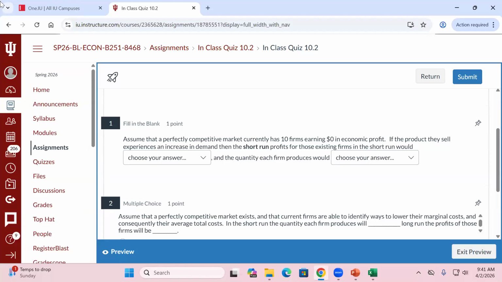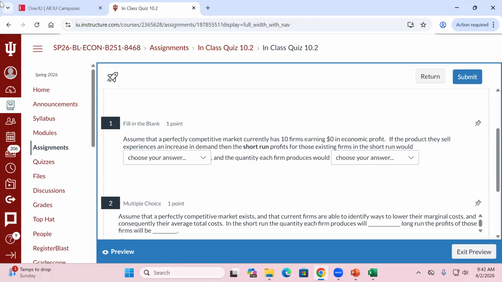Well, if every firm is producing more, the quantity in the market is also going to go up. So when we have increases in demand, we get some pretty intuitive results. It's going to drive the price up, which means the firms are going to produce more than they were before, and profits are going to increase.